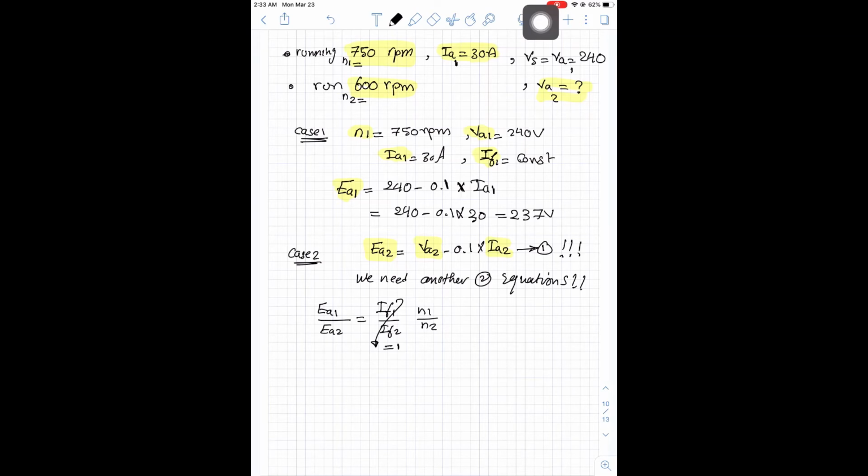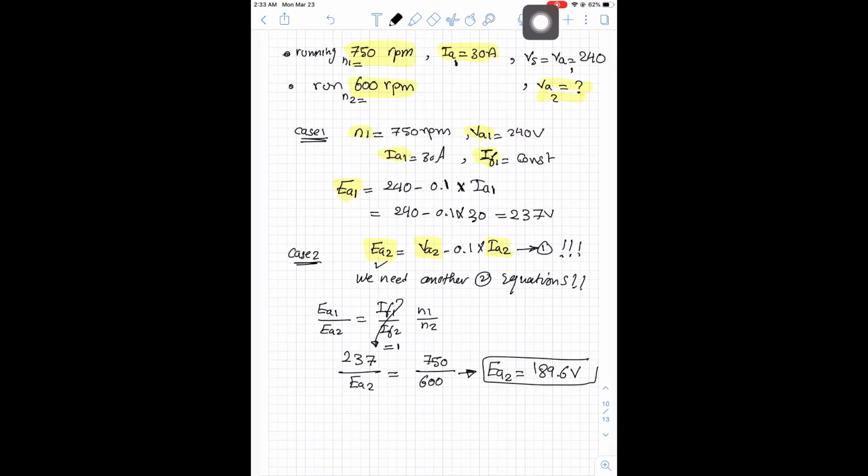We have E armature 1 as 237, E armature 2 is unknown, the first speed is 750 RPM, and the second speed is 600 RPM. From this equation, we can get E armature 2. So E armature 2 equals 189.6 volt.